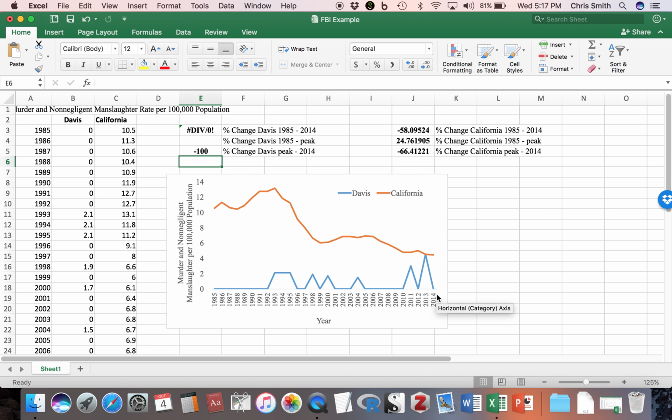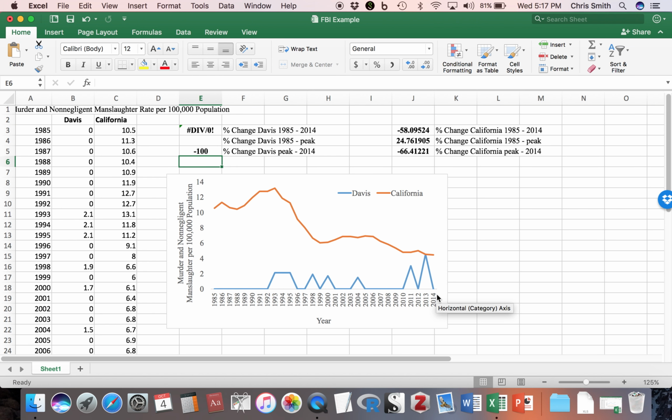So again, we need to use our intuition if you have lots of zeros in your data. I double checked on the FBI page, there were only 3 murders in Davis in 2013. For a college town that usually has 0 murders, of course that's going to seem high. That was a high number. That was a big change from 0 to 3. But it isn't a good comparison.